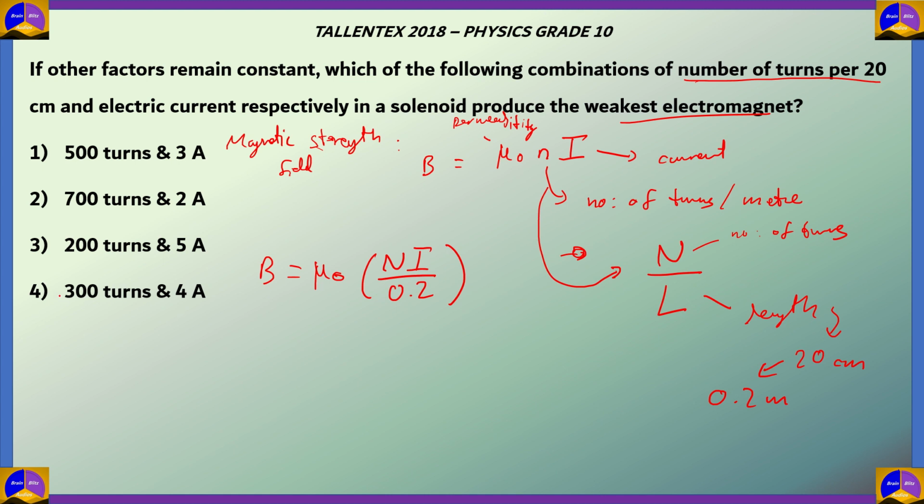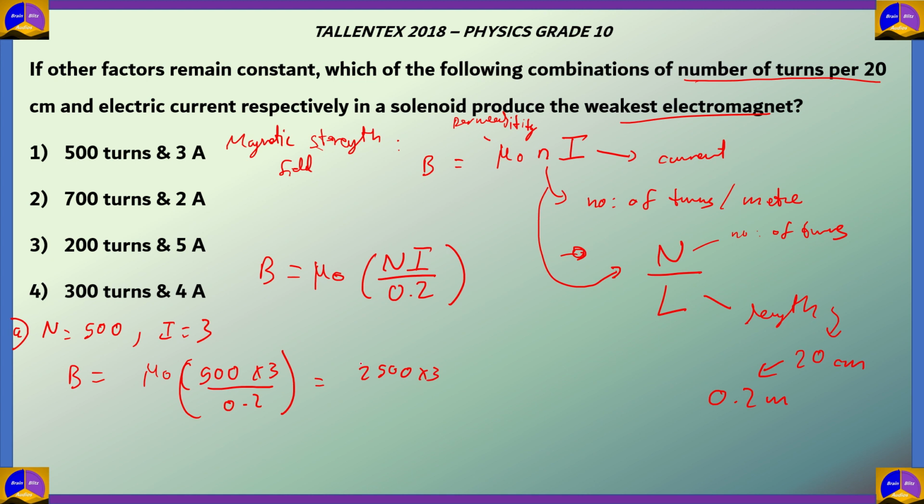So for option A, we've got N equals 500 and I equals 3. So therefore the value of B turns out to be mu naught times 500 into 3 over 0.2. Now 0.2 is basically 2 by 10. 10 goes to the numerator. 500 becomes 5,000. 5,000 over 2 is 2,500.